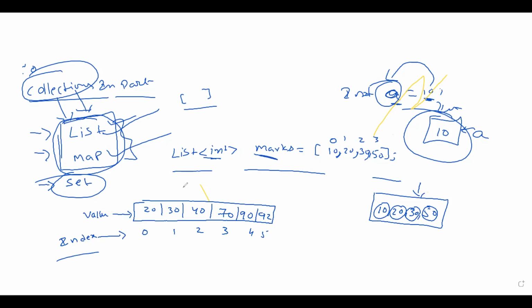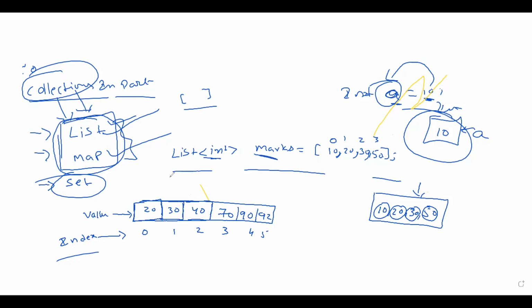So in the list, how many values are there? Each value is stored in a particular index. This value is stored into the 0 index, 1 index, 2 index, 3 index, 4 index, 5 index. Okay.